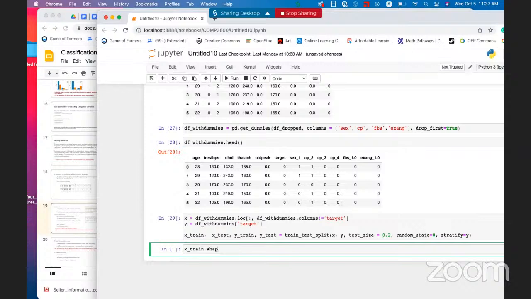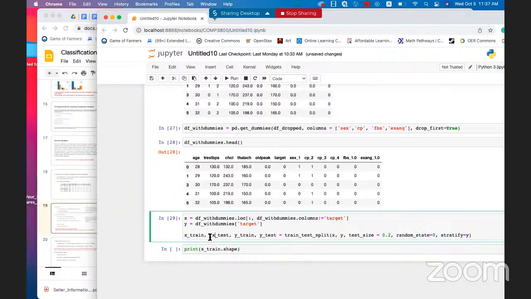You check the shape to see if the number of rows of the training data set is the same.